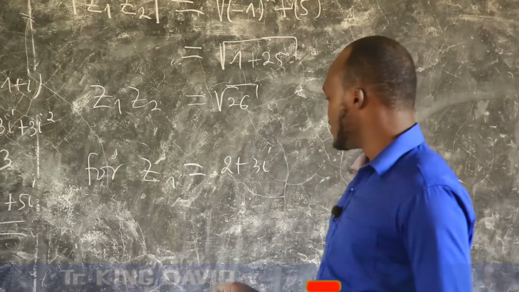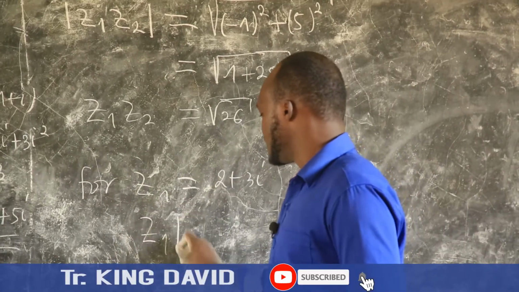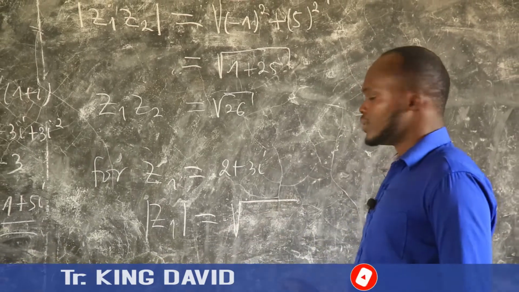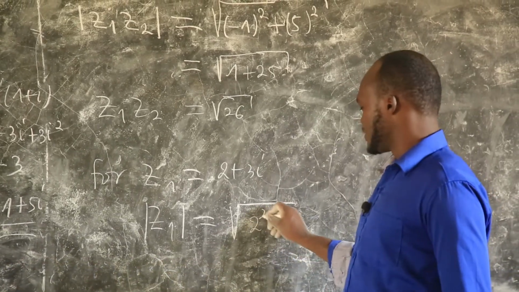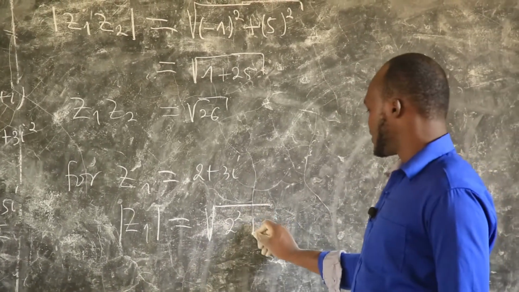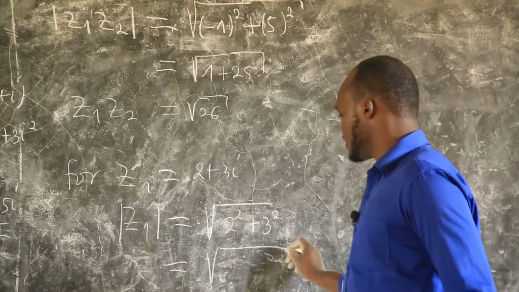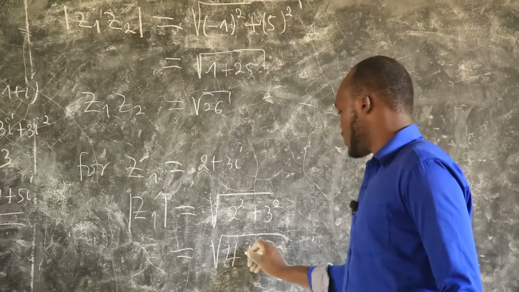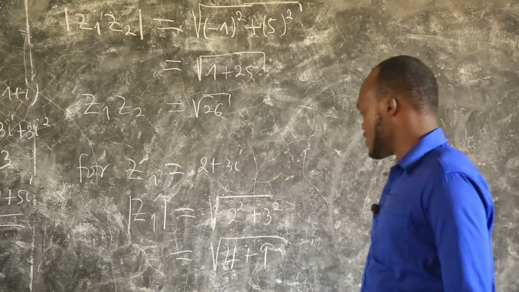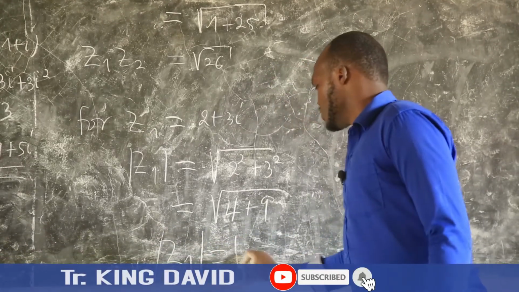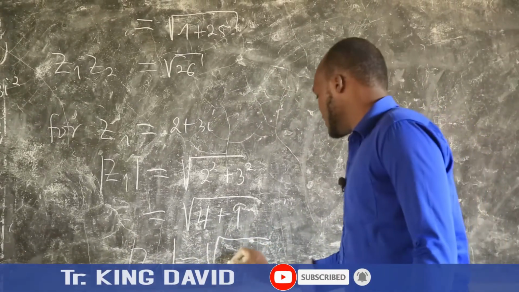What is the modulus of Z1? The modulus of Z1 is root of 2 squared plus 3 squared. The answer here is 4 plus 9, so the modulus of Z1 is root 13.